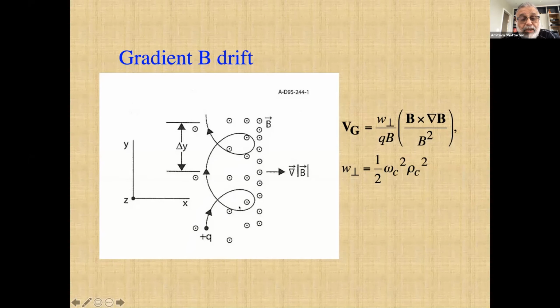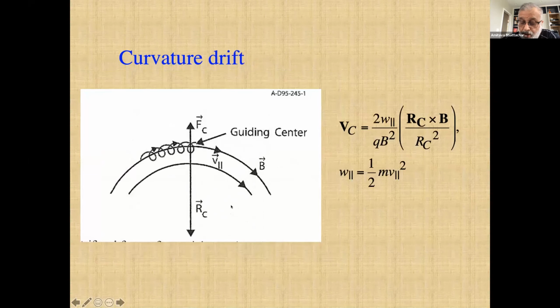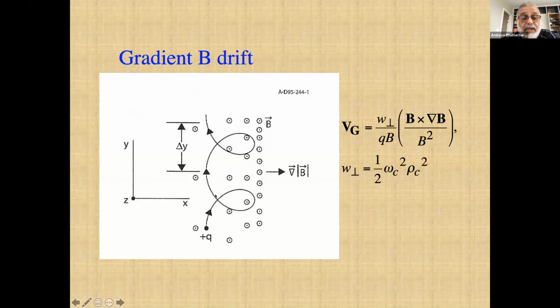So the particle ends up completing a less tight circle, but gets wound around and is now going up and winds around another circle. And notice, because of this, in a certain amount of time, the guiding center of the particle's orbit is actually drifting along a direction perpendicular to the gradient of B.